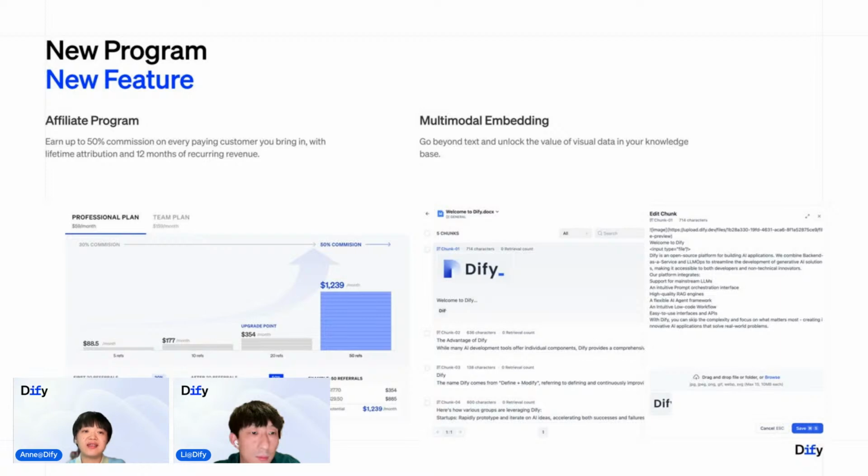That is to say, the system now can read and remember the images in your documents, making them an active part of every single search. This helps you to build a knowledge base that is truly complete, multidimensional, and intelligent. We sincerely hope this helps you to unlock the full potential of all your enterprise data. Be sure to follow our social media channels or our GitHub so you don't miss the updates.